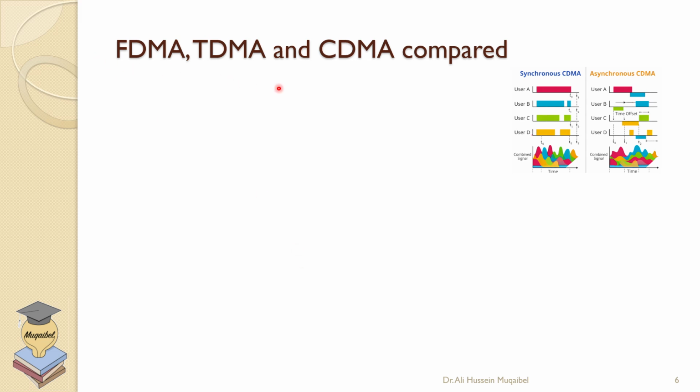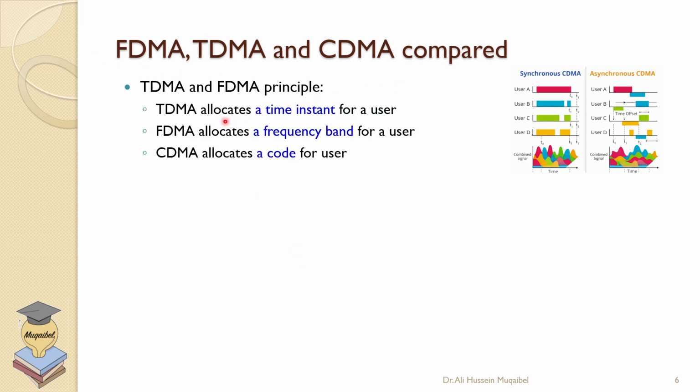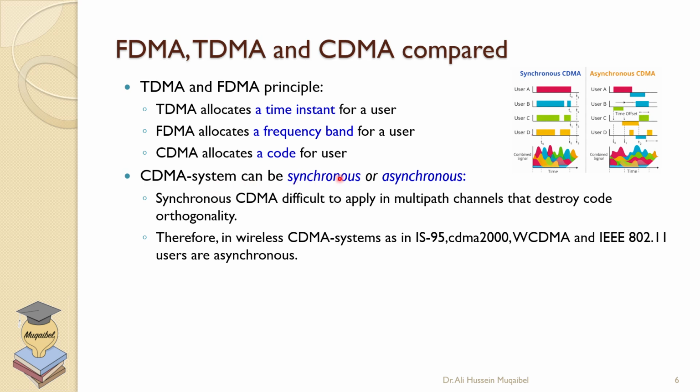So let's compare FDMA, TDMA, and CDMA. FDMA allocates frequency, TDMA allocates time instants, and in CDMA we have a code for each user. CDMA systems can be synchronous or asynchronous. Synchronous CDMA is difficult to apply in multipath channels, because you assume that each user sends a different code for a given instant of time.